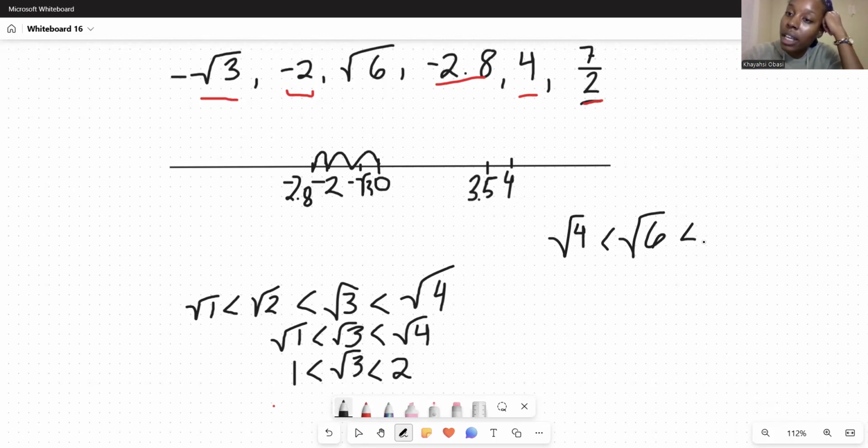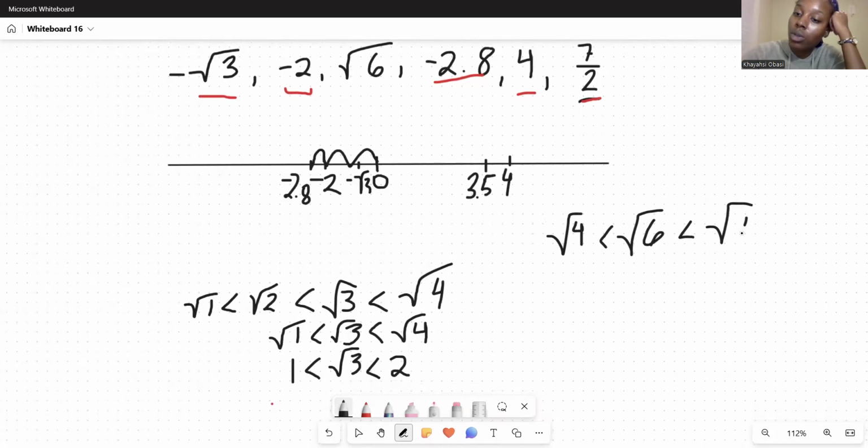And the square root of 7 is less than the square root of 8, which is less than the square root of 9. So we'll just write that one because we know that the square root of 9 is 3. So the square root of 6 is between 2 and 3. So it's right here.